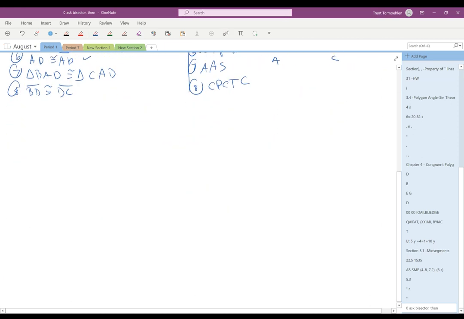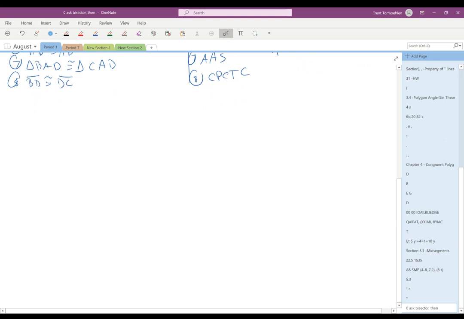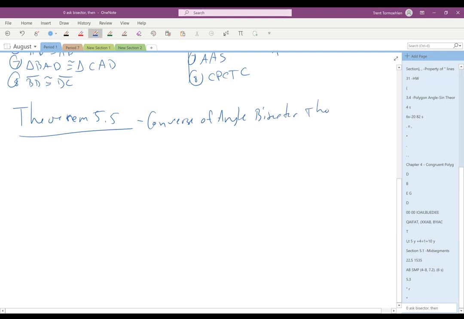Okay, and then there is a converse to that theorem. Theorem 5.5 says the converse of the angle bisector theorem. The angle bisector theorem says that if a point is on the angle bisector, then it is equidistant from the sides.